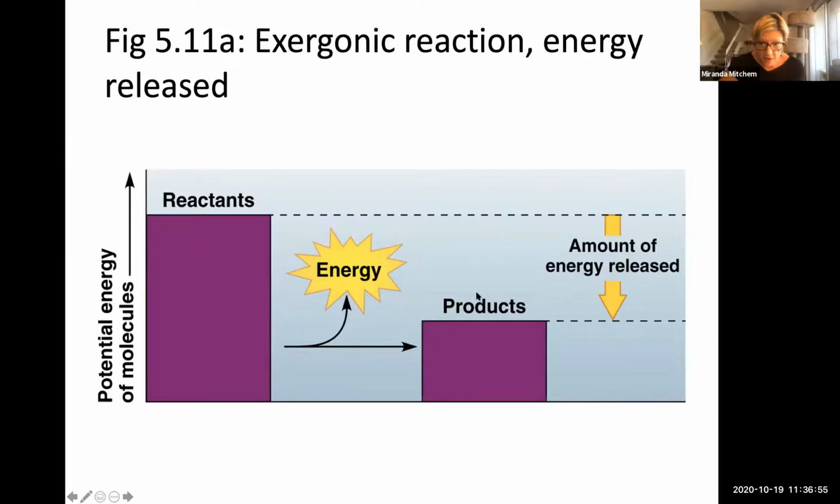And the difference in the energy between the reactants and the products is what is released. And the cell will save this and use it for whatever it needs. It is saved in the form of ATP. This is the exergonic reaction.